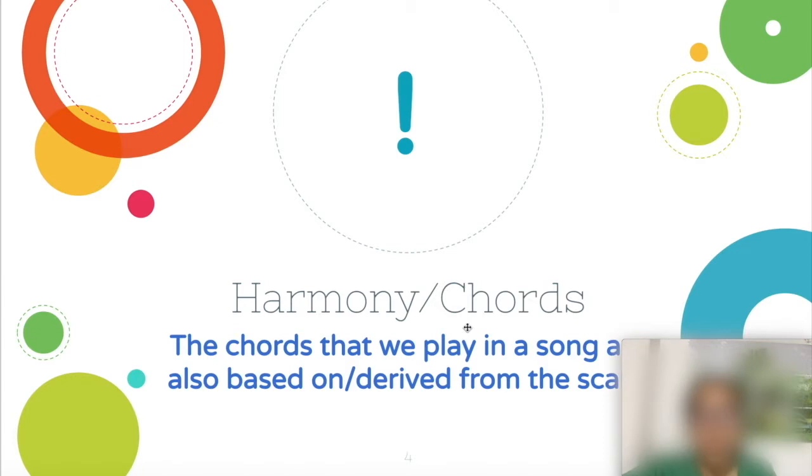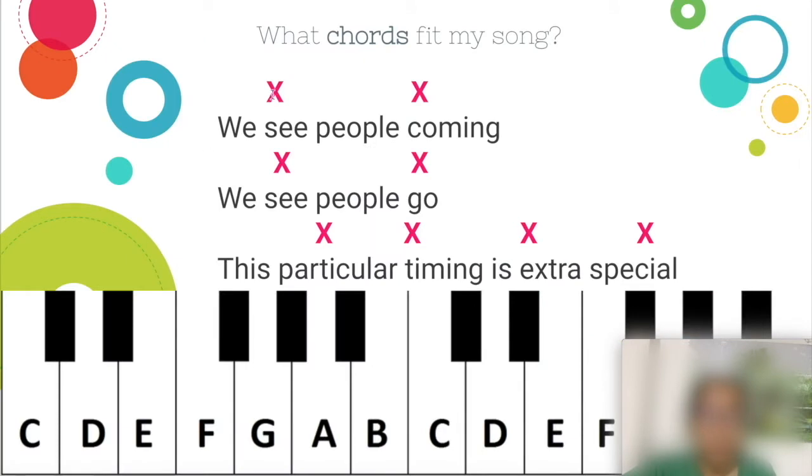The chords that we play in a song are also based on or derived from the scale. So we can use the things that we have learned to supply the appropriate chords for a melody. I put here X, X, X, X because this is where we are supposed to put our chords in a chord sheet. So what chords fit my song?